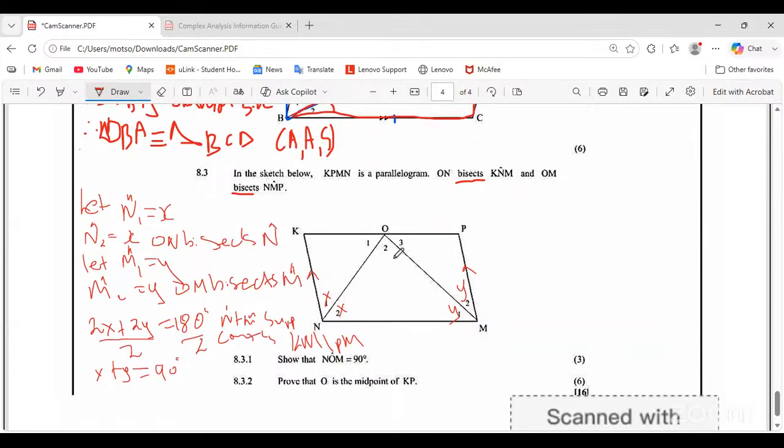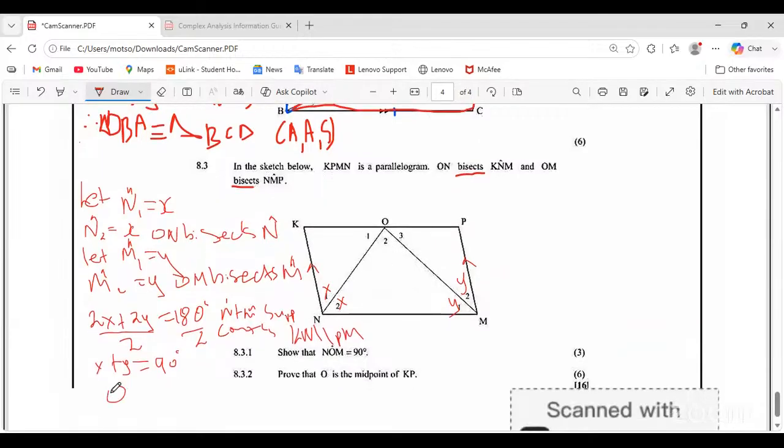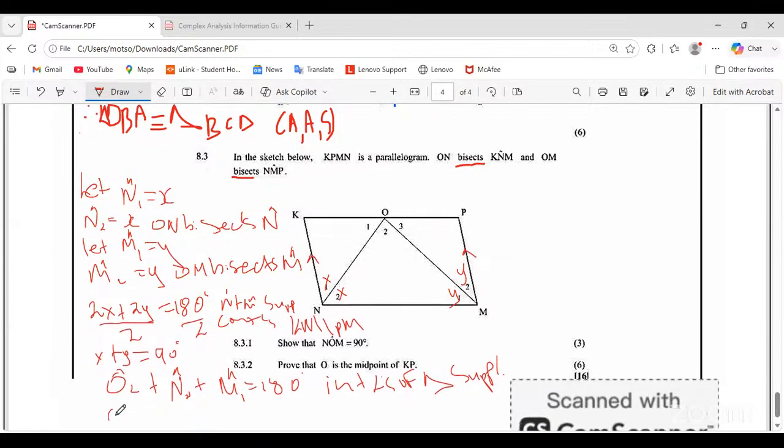Now, we want that angle O2, but we know that angle O2 plus angle N2 plus angle M1 gives 180 degrees. Why? Because the interior angles of a triangle are supplementary.